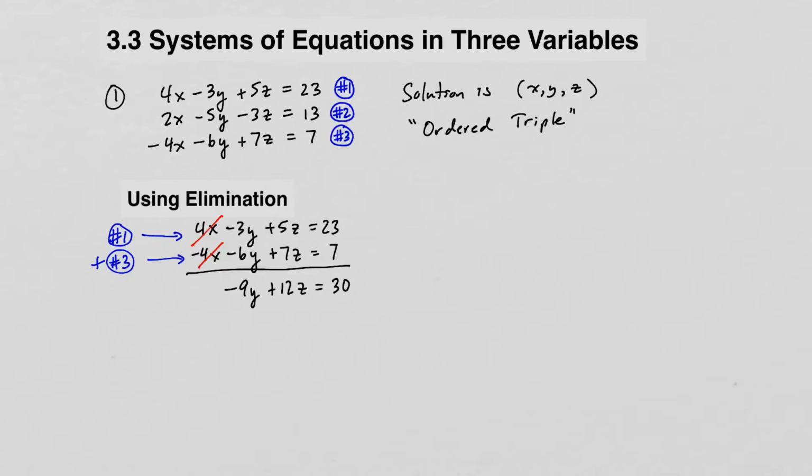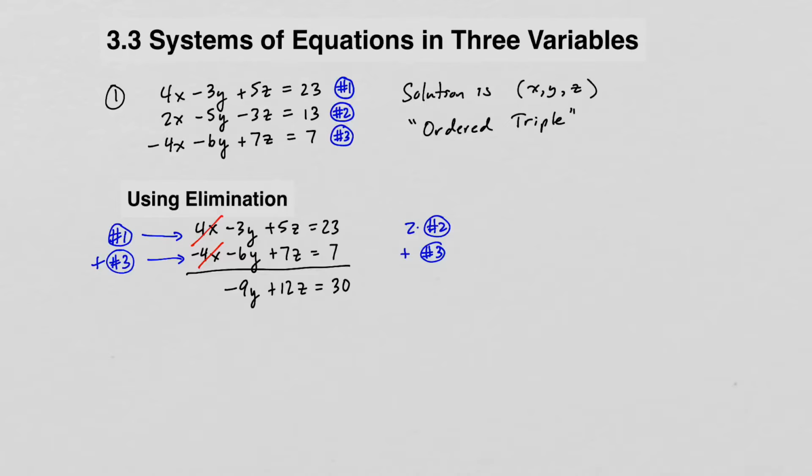I'm going to pick equation number 3 because it has a negative 4x, but if I add that to 2x, those x variables will not cancel out. So what I need to do is multiply the second equation by positive 2 to make 4x here. So I'm going to take equation number 2, multiply it by 2, and then when finished, add that to equation number 3.